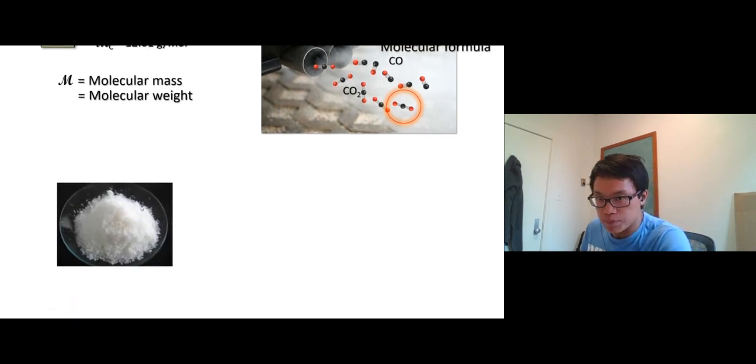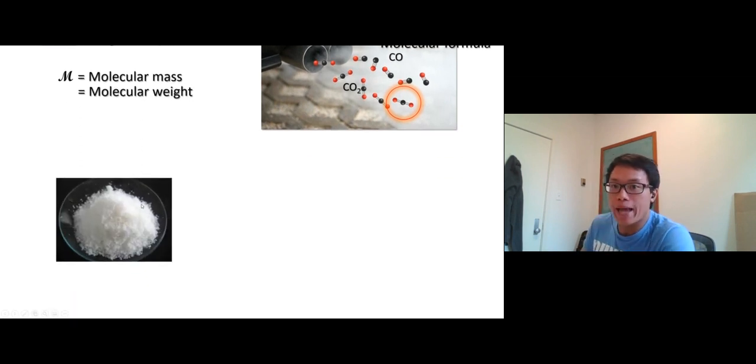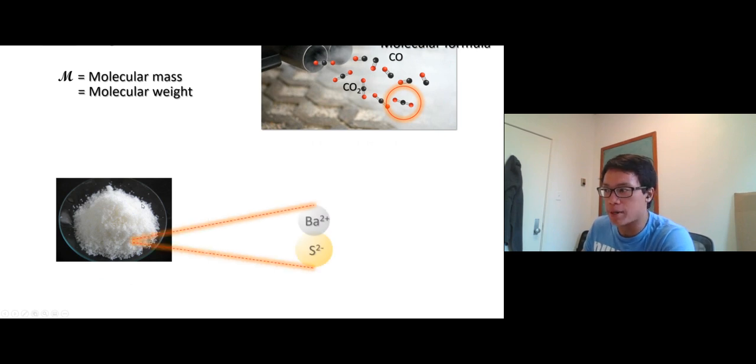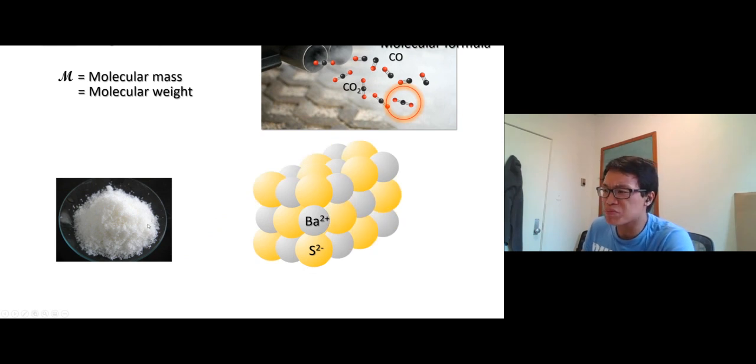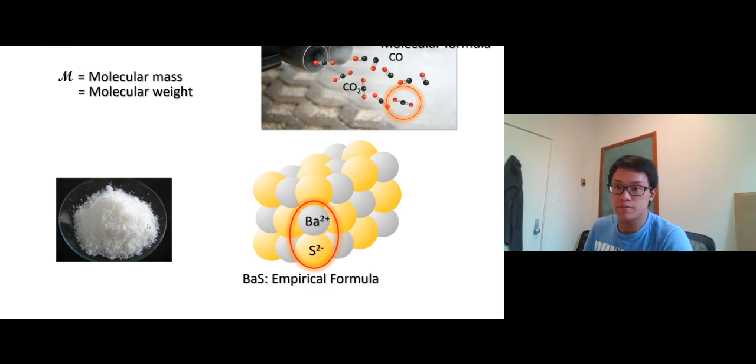Now, the ionic compound. We don't use the molecular formula for an ionic compound. You remember that an ionic compound exists in what? Starts with L. Lattice is good. It's not in a molecule, it's an array of ions. We represent an ionic compound using an empirical formula, which is the smallest whole number ratio.